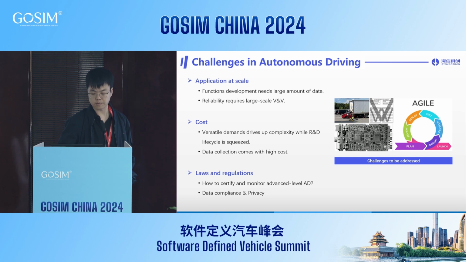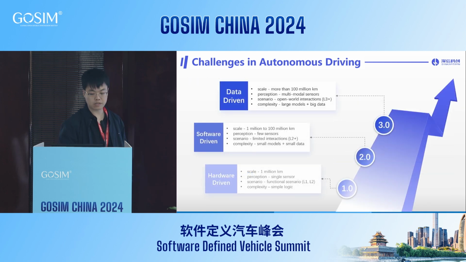So the development paradigm for autonomous driving systems has shifted in the past few years from hardware-driven to software-driven, and furthermore to a data-driven methodology. In the area of data-driven methodologies, we're facing a scale of more than 100 million miles of driving.